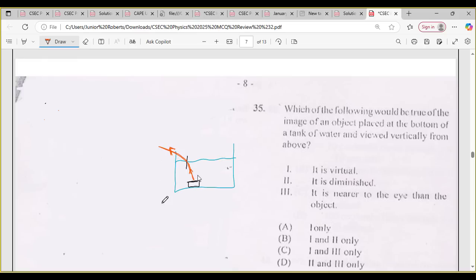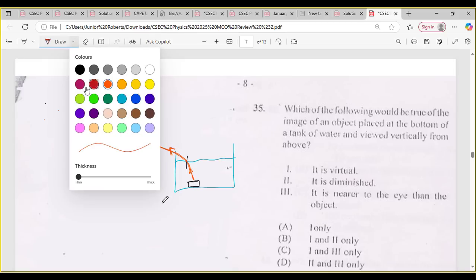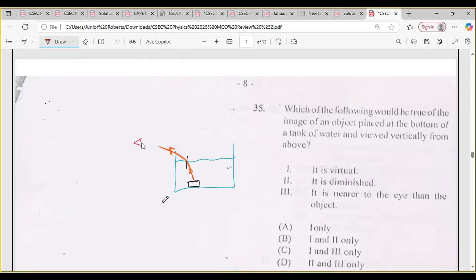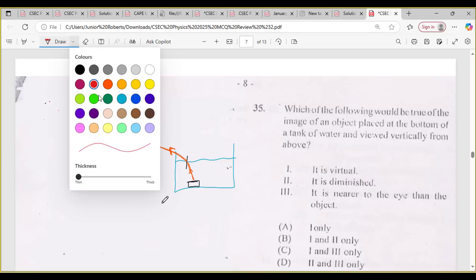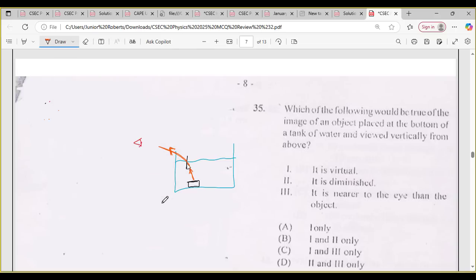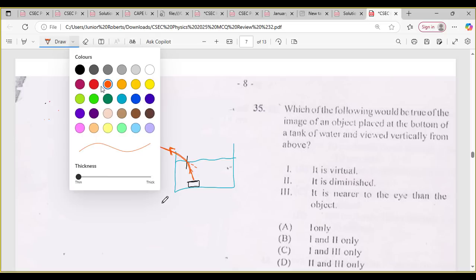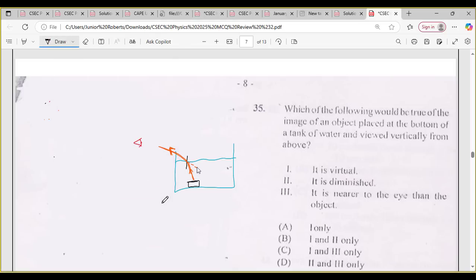Now if we place our eye at this point, our eye will see this ray of light coming from this object. Our brain knows that light travels in a straight line, so it is going to give a perception that the light ray is actually coming from this point here. That allows us to see that this object appears closer to the surface than it actually is.